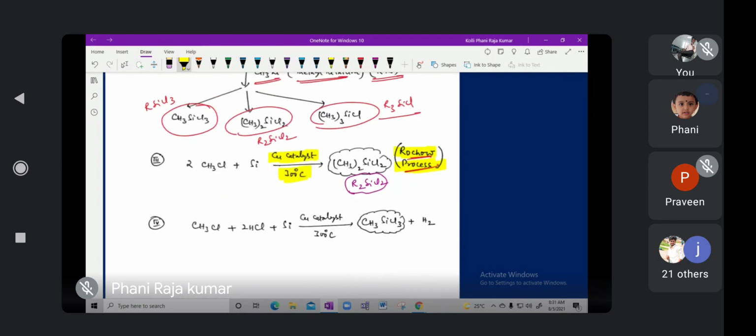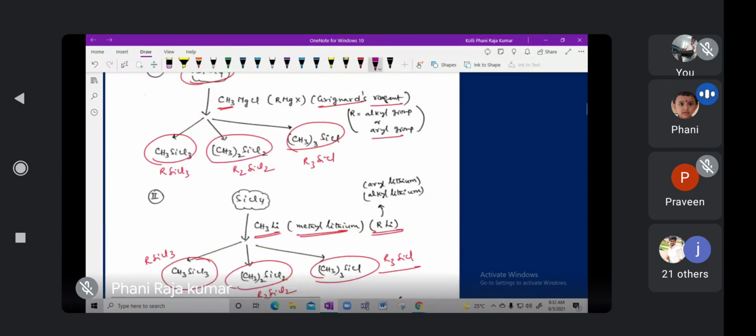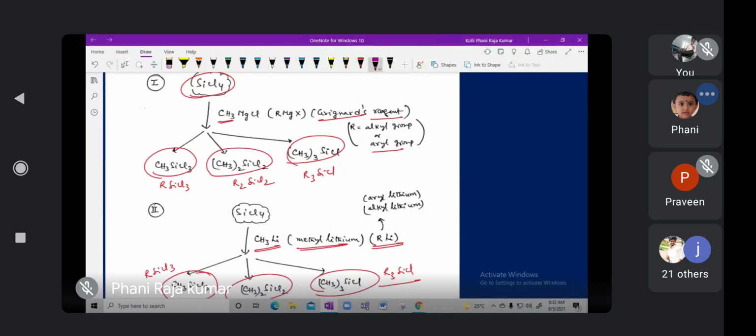And the fourth method: methyl chloride, hydrochloric acid and silicon, copper catalyst, heating to 300 degrees centigrade. Then we prepare CH3SiCl3 type organosilicon halide, meaning RSiCl3. Previously R2SiCl2, and any type R2, R3 by using the first two methods, SiCl4 with Grignard reagent, SiCl4 with alkyl or aryl lithium.